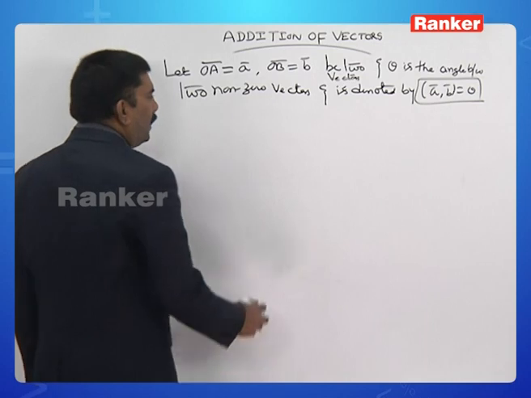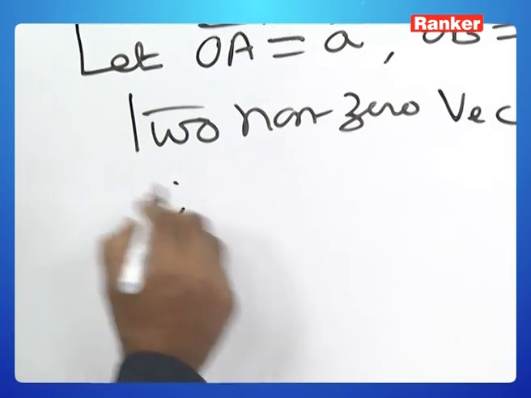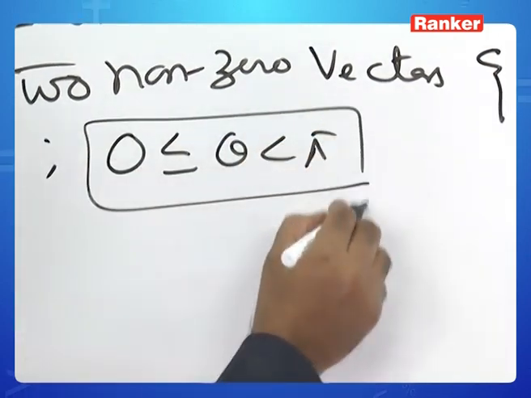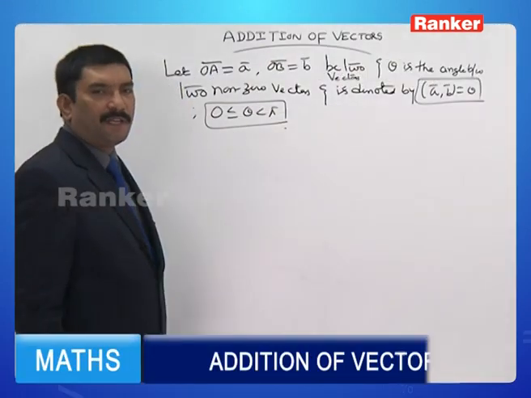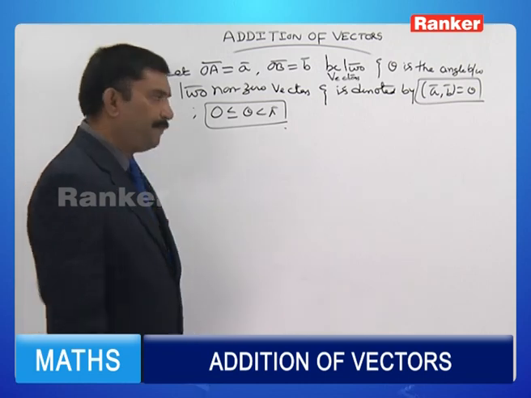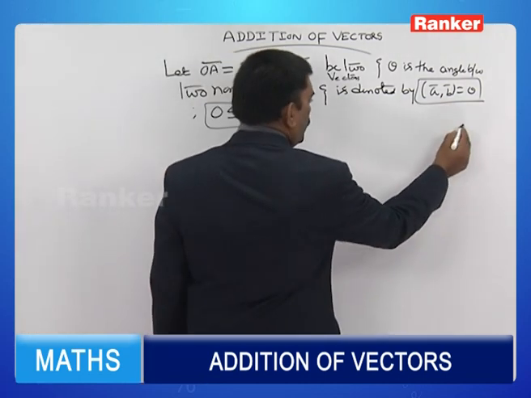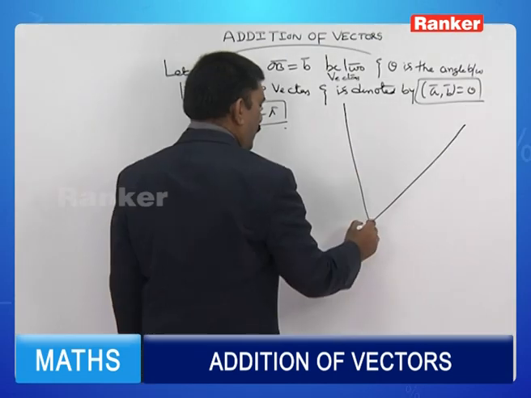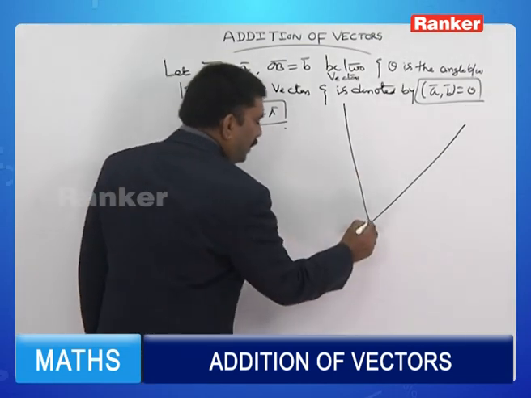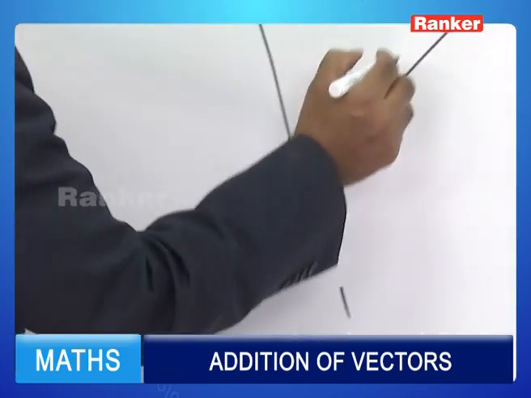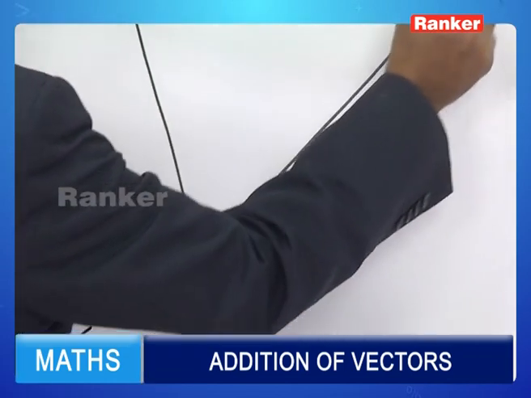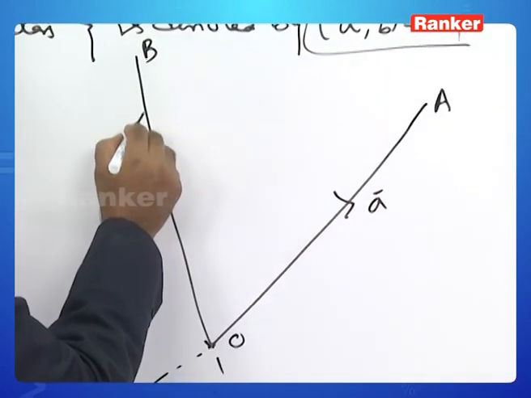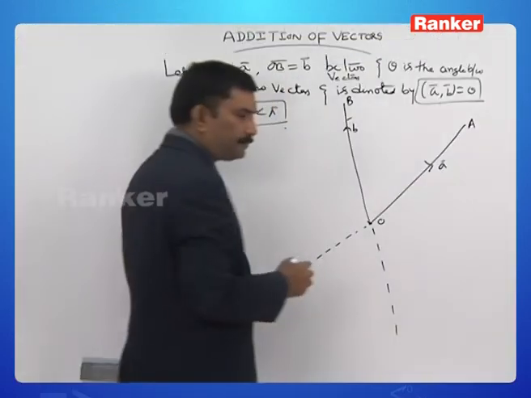Theta where 0 is less than or equal to theta less than or equal to pi. Theta can vary from 0 to pi. Let us consider this is O, A, this is A bar, this is B, this is B bar.